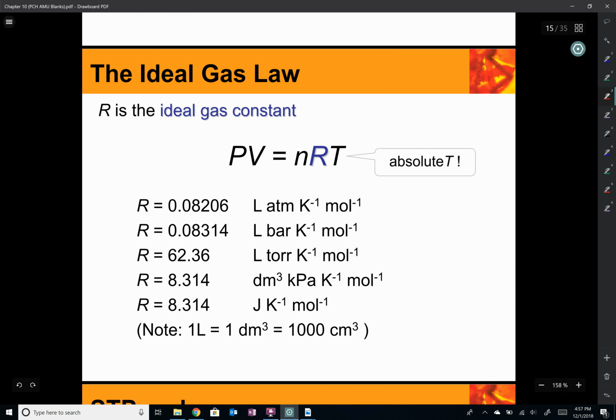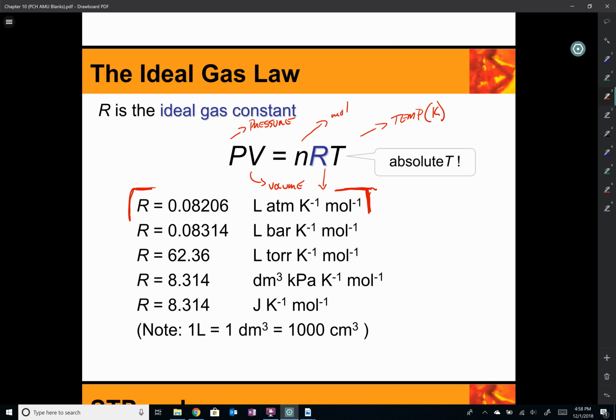So the ideal gas law, what are the different parts of it? Well, P is pressure, V is volume, n is moles, T is temperature in Kelvin, and R is an ideal gas constant, which, the last time I looked on Wikipedia, there's something like 38 ideal gas constants.